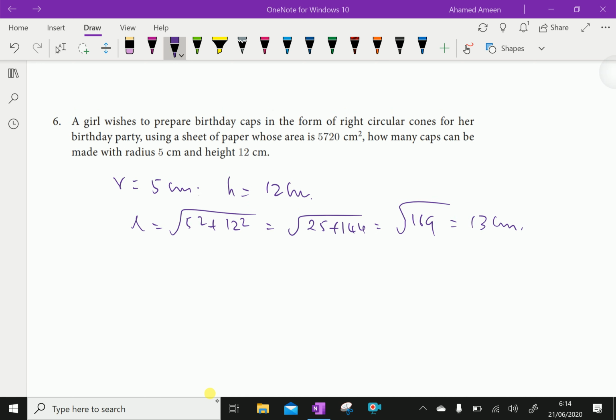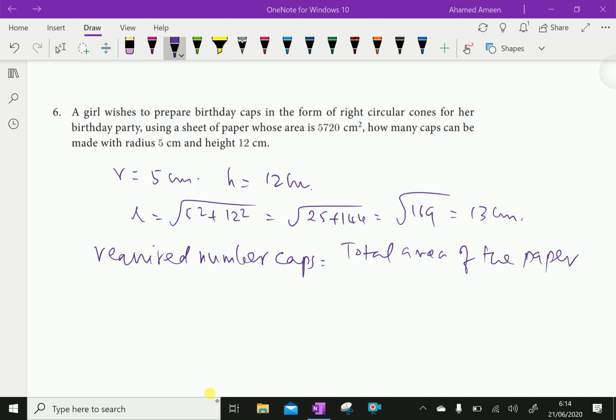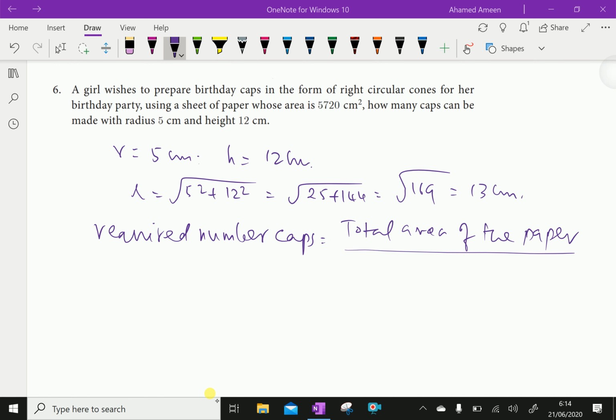Therefore, the required number of caps is the total area of the paper divided by the curved surface area, CSA, of 1 cap.